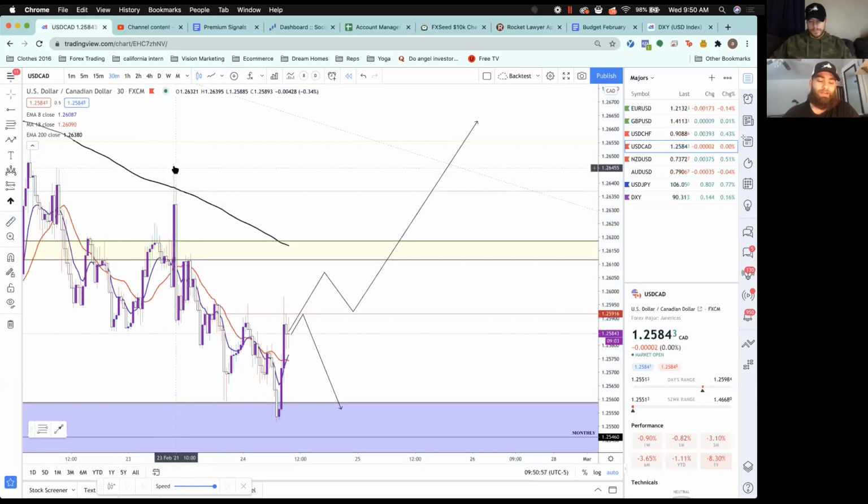Then a bearish engulfing here, and then we had this bearish variation here, which we could have shorted at, and this thing ended up carrying about 2 to 1. So we're looking at something similar here on UCAD.